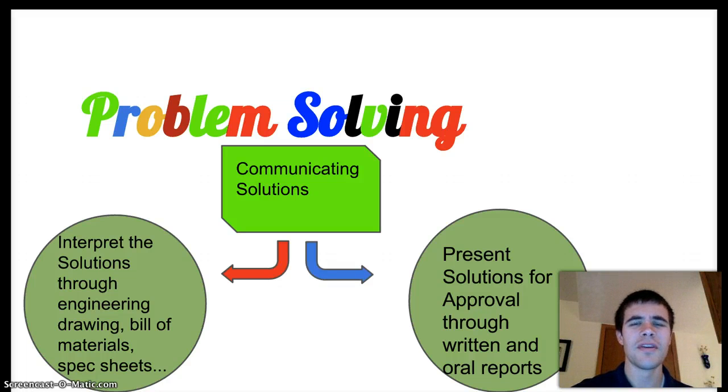This is where your English classes and your public speech classes come into effect, because if you've ever seen the show Shark Tank, where people present their ideas to a board who's going to fund them, they have to be great communicators. They have to be able to clearly explain and show why their idea is best. And if we can't do this effectively, then we might not ever get anybody to choose our ideas.